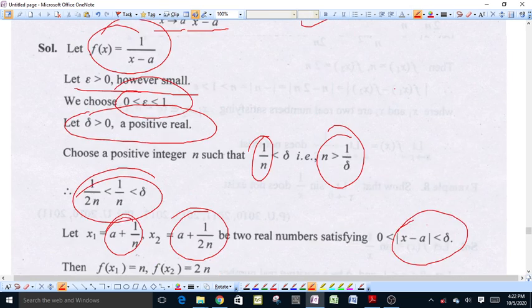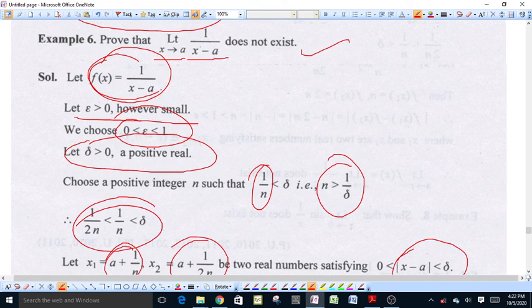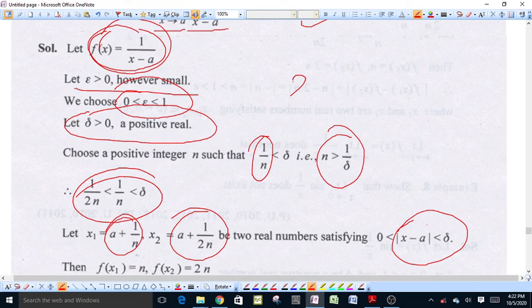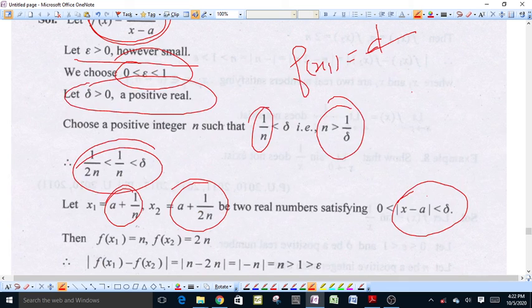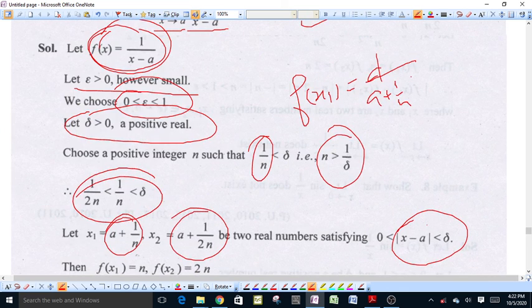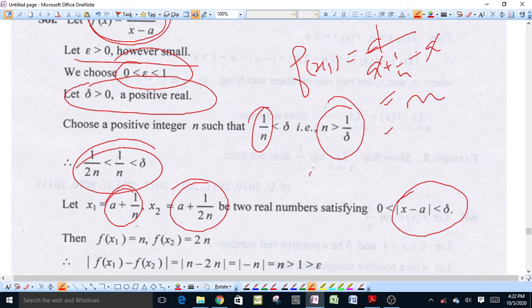If we put these in the function, f(x1) will be equal to 1 upon a plus 1 by n minus a, which comes out to be n, and similarly f(x2) is equal to 1 upon a plus 1 by 2n minus a, which comes out to be 2n.